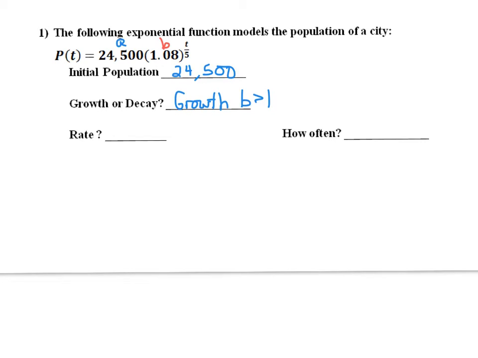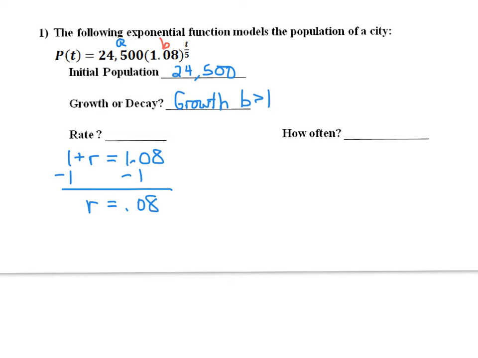So we then want to figure out what is the rate of growth. So that's our r value. So remember that the b stands for, when I've got growth, 1 plus r. So that b, 1.08, must have a value of 1 plus r. So we want to solve for r, so that's as easy as just subtracting 1 from both sides of the equation, and I get that r is equal to 0.08.